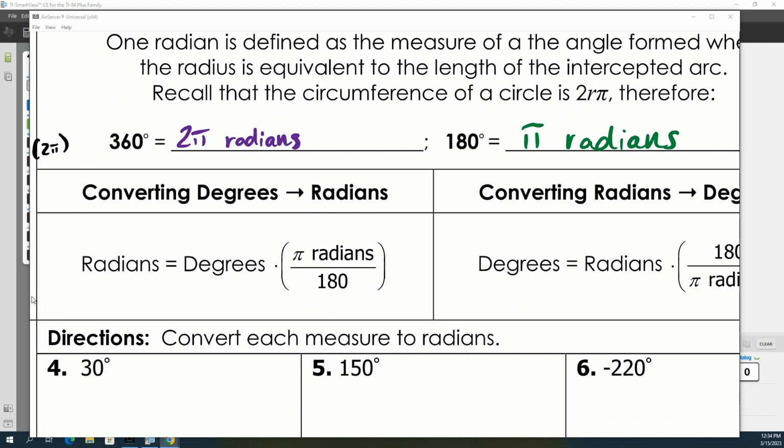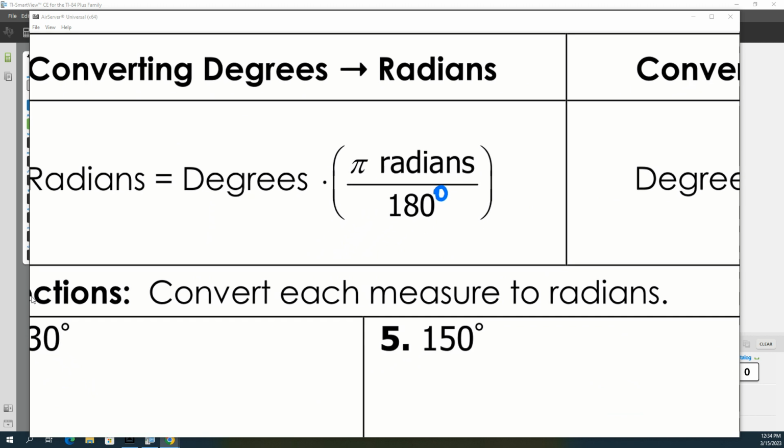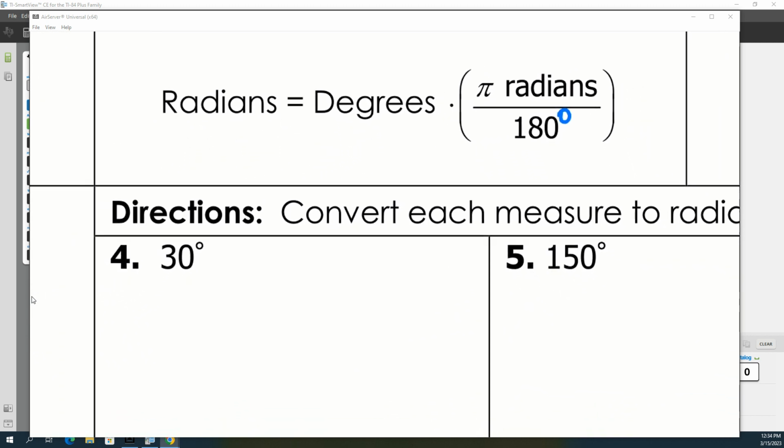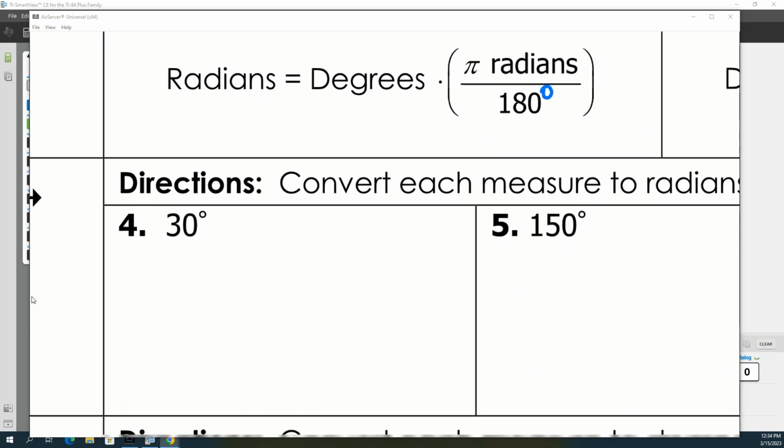All right, so if I have degrees and I want to change to radians, what you do is you multiply by pi radians over 180 degrees. So let's do that for 30 degrees. Okay, so pi is going to go in the numerator. 180 degrees is going to go in the denominator.